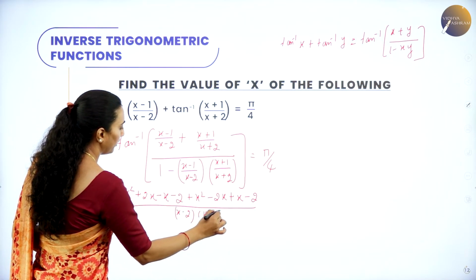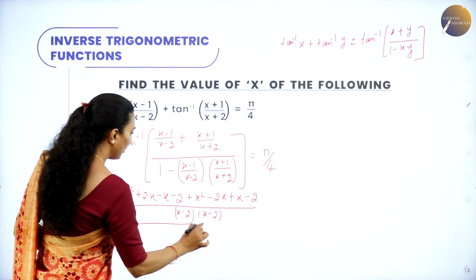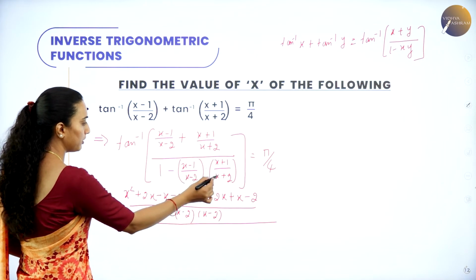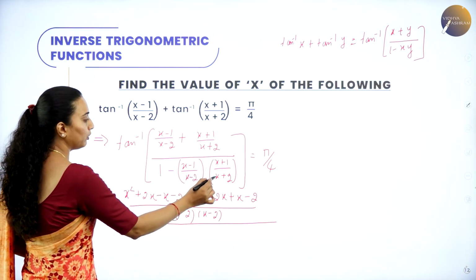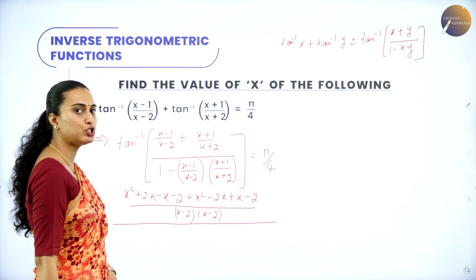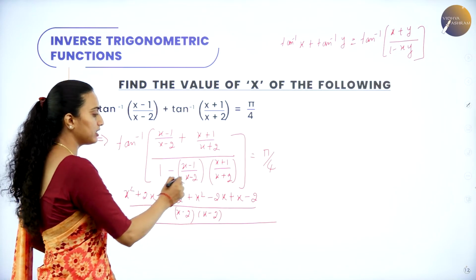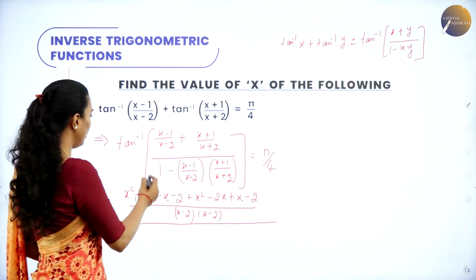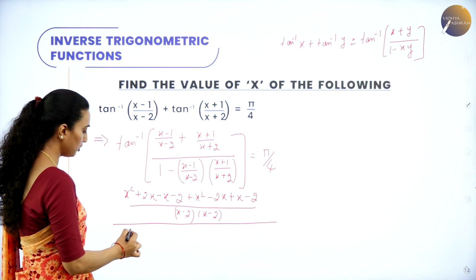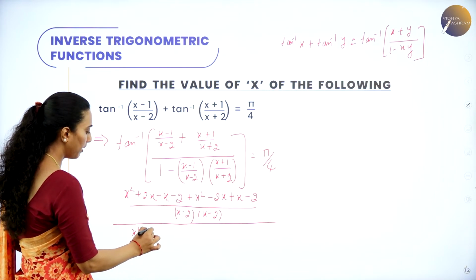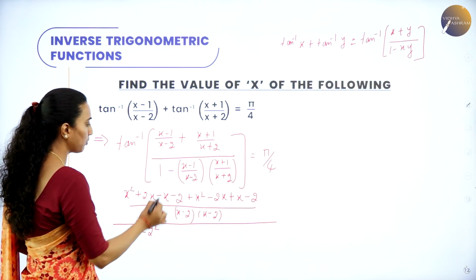As it is, I am writing whole over, you are going to have it as again LCM, same, x minus 2 into x plus 2. What is a minus b into a plus b? a minus b into a plus b is a squared minus b squared. a is nothing but x here, b is nothing but 2 here. So therefore you can write it as x minus 2 into x plus 2 is a squared, that is x squared minus 2 squared, minus b squared.